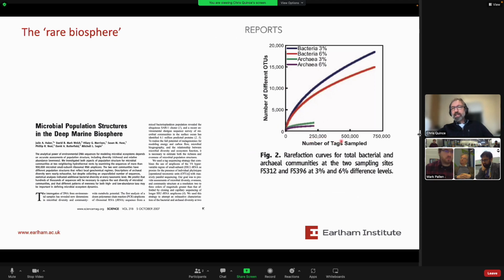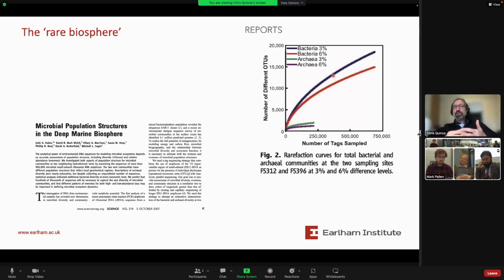These are the number of 16S sequences that they obtained, and on the y-axis here is the number of OTUs that they obtained. Now this is something called a rarefaction curve, which we'll talk a little bit more about on Friday.